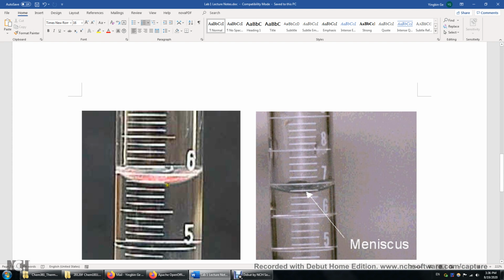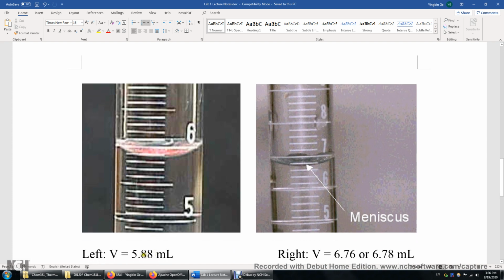And the meniscus is slightly below 5.9. So my guess is 5.88 or 5.89 or even 5.87, all are correct. This is because you have to estimate the last digit. So we know for sure it's more than 5.8, less than 5.9, and then we estimate one more digit.